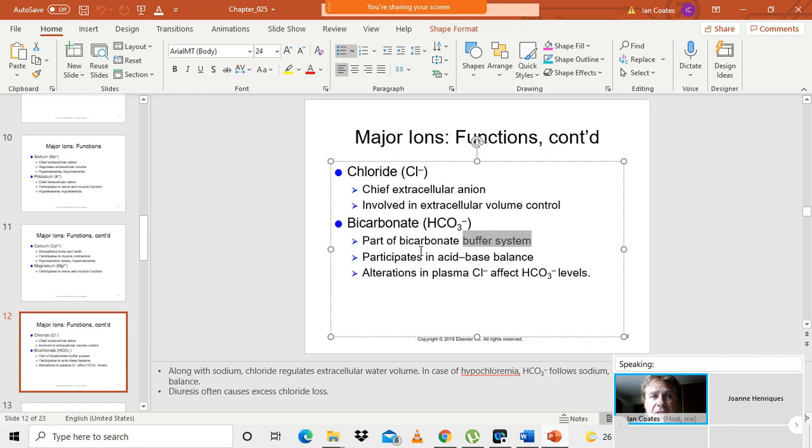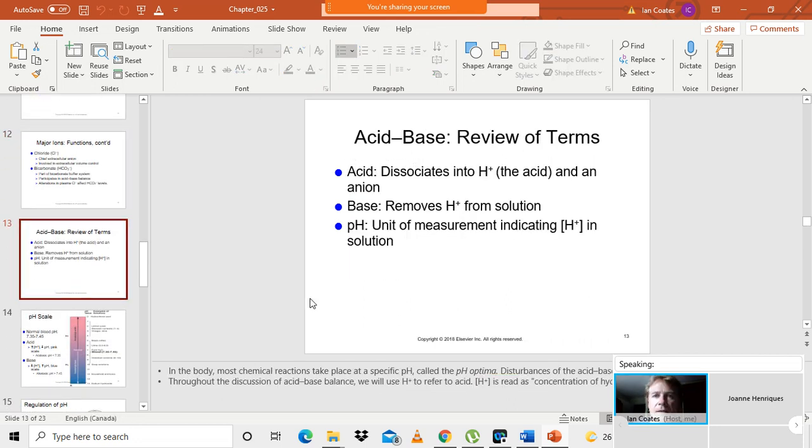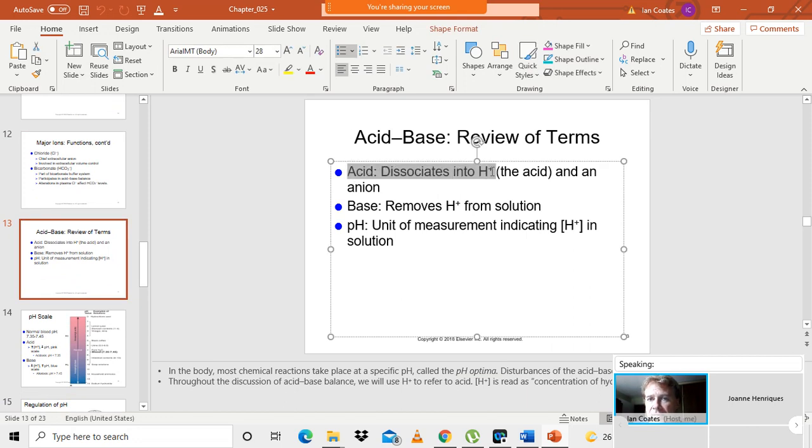Because when we're talking about the blood, there is not a lot of room to play with as far as pH goes in the blood. You'll remember that an acid means hydrogen. An acid just means excess hydrogen.